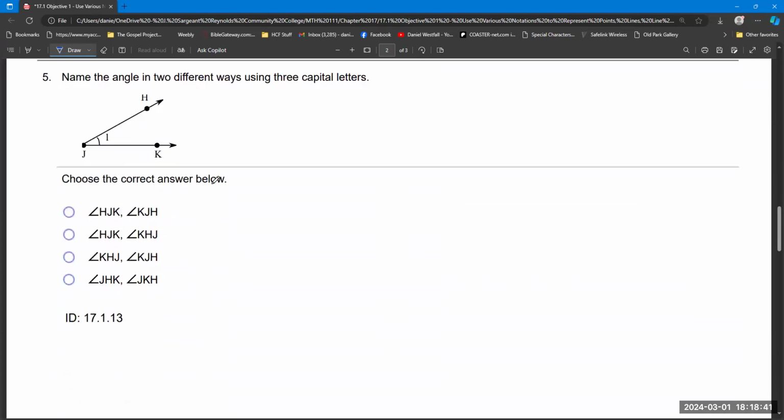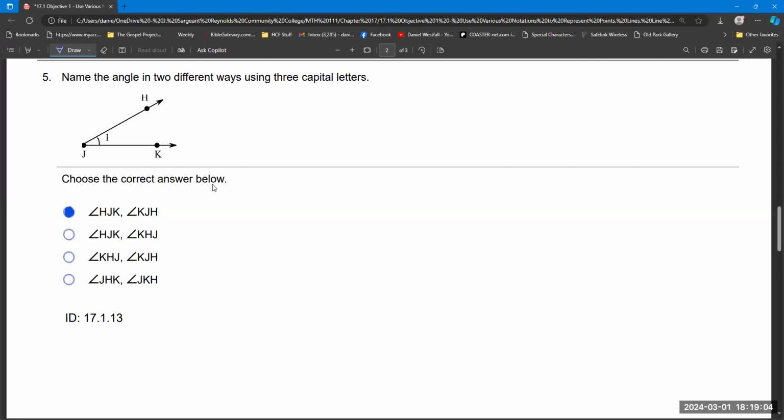Now we're going to start to talk about angles, and we can write the name of the angle so that the vertex is in the center. So J is at the vertex, it's going to have to stay in the center. So we can have HJK, or we can have KJH, are the 2 correct ways to name that angle.